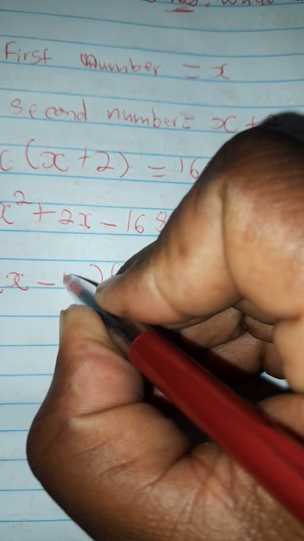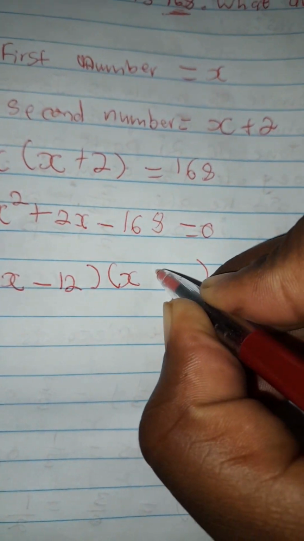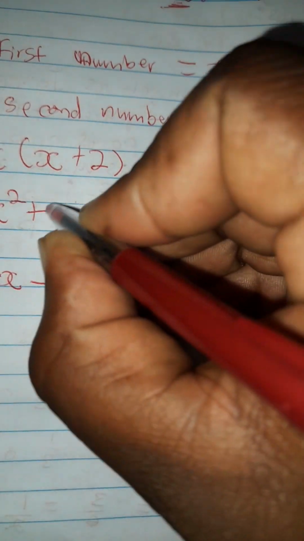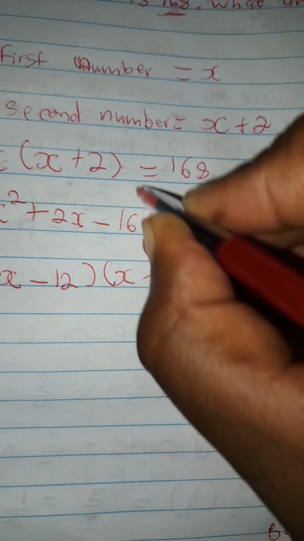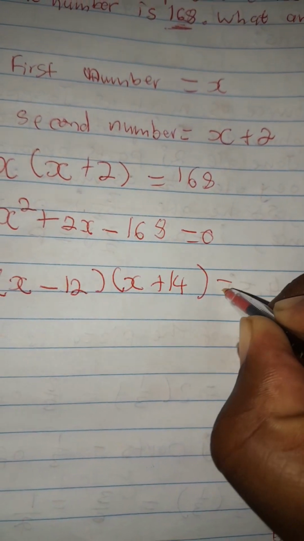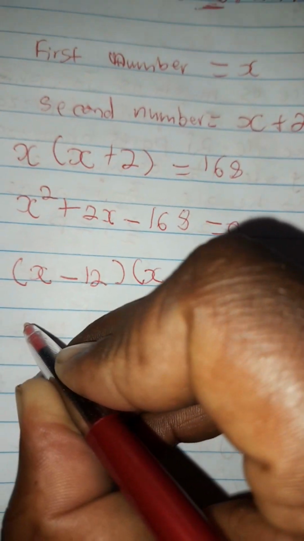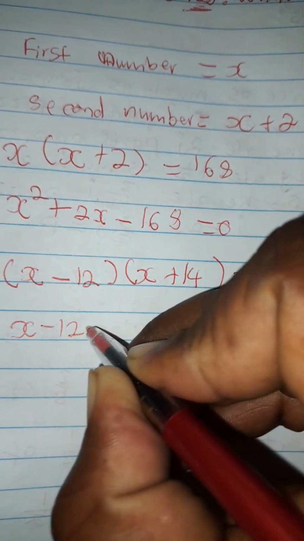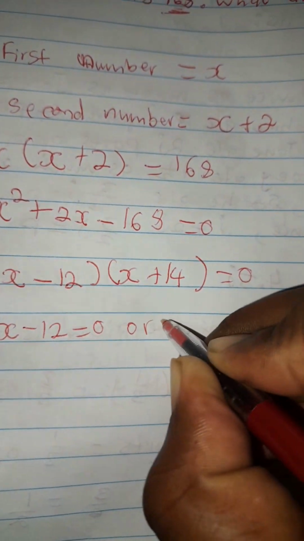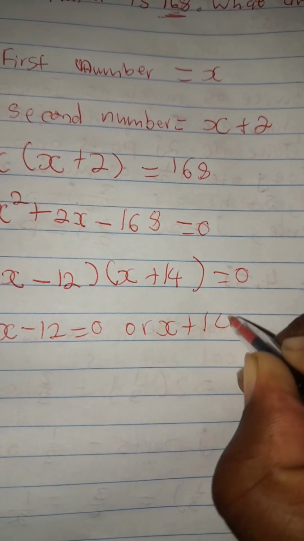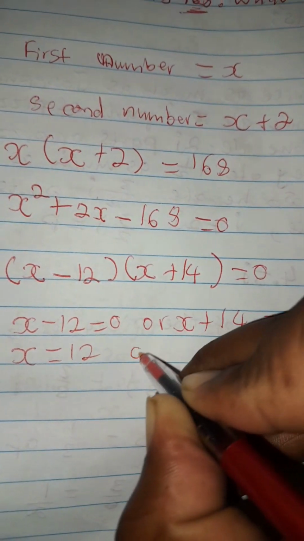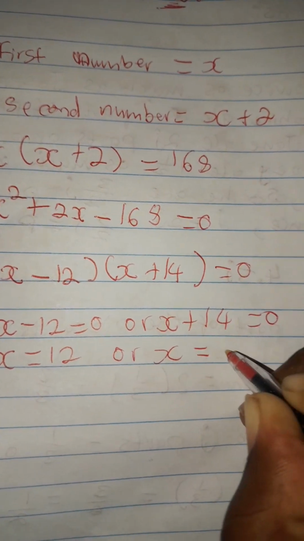So this will be negative 12 and plus 14, because negative 12 plus 14 is positive 2, and negative 12 times 14 is negative 168. Then we equate everything to 0. X minus 12 equals 0, or x plus 14 equals 0. So x equals 12, or x equals minus 14.